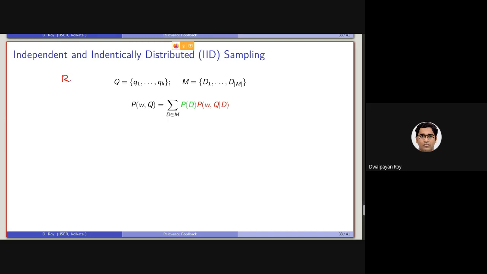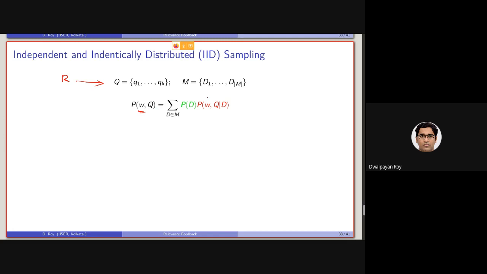One step backward, we know there is an R which is generating these K query terms. From there we are drawing balls, drawing words K number of times. The first K draws give us the K query terms, and then at the K plus 1th ball drawing, how probable is it that we'll be observing this W?